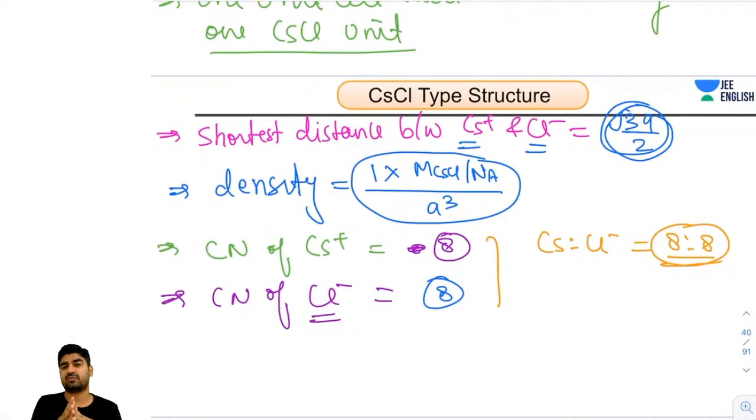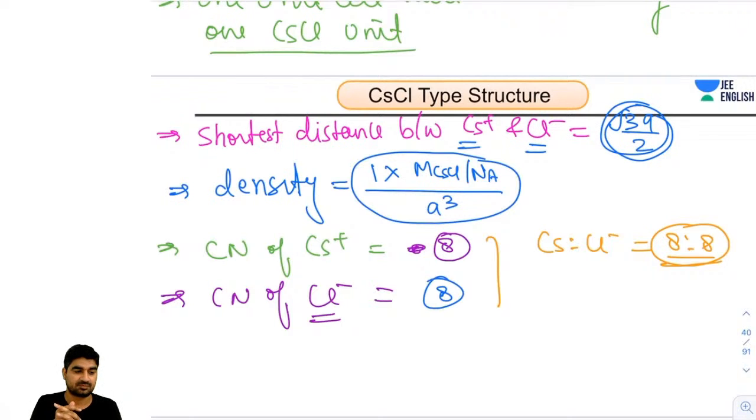In many books you will find they say that simple cubic will be formed by cesium and chloride will be present in the void. So the point is the same. When the coordination number is the same, like 6 is to 6 or 8 is to 8, it means it is a symmetrical structure. Tell me guys if you have any doubt. Please ask.